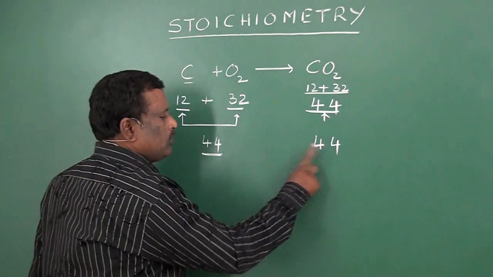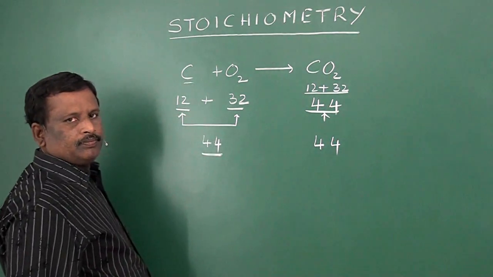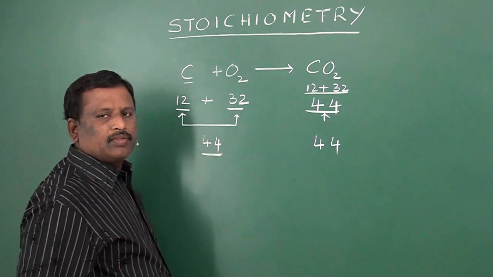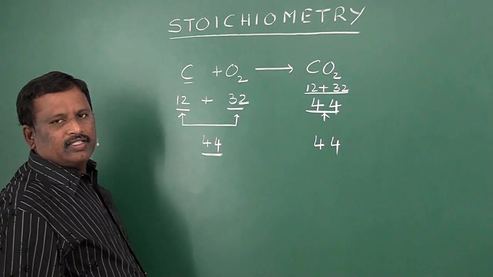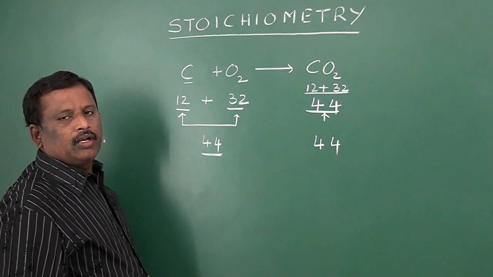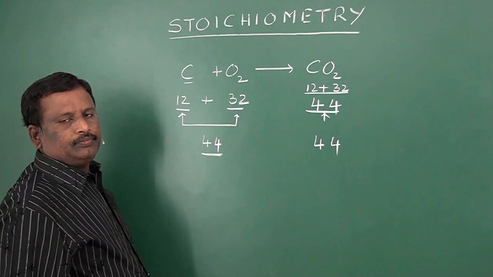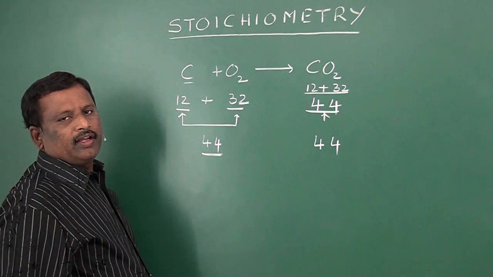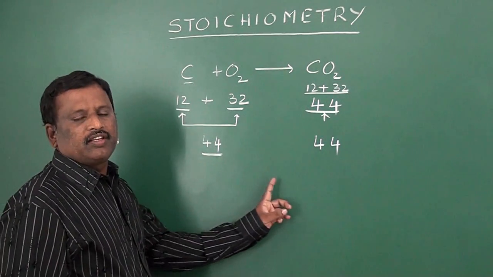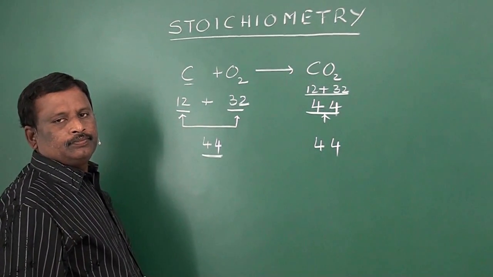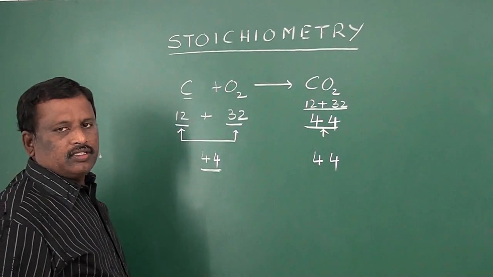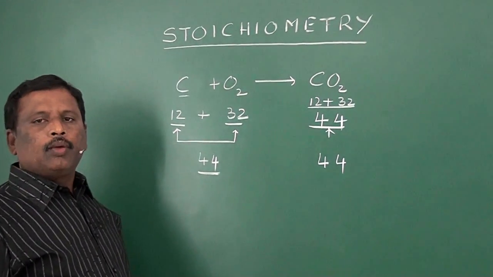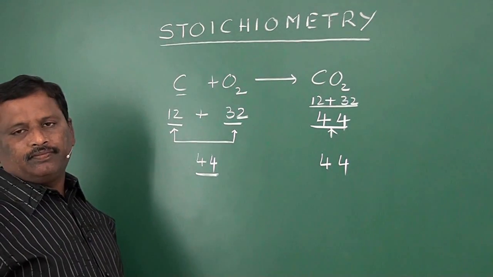That means it is according to the law of conservation of mass. 44 grams of reactants produce 44 grams of products, so no mass is destroyed or created. So this reaction is suitable for stoichiometric calculations. Equations which follow the law of conservation of mass are said to be balanced chemical equations.